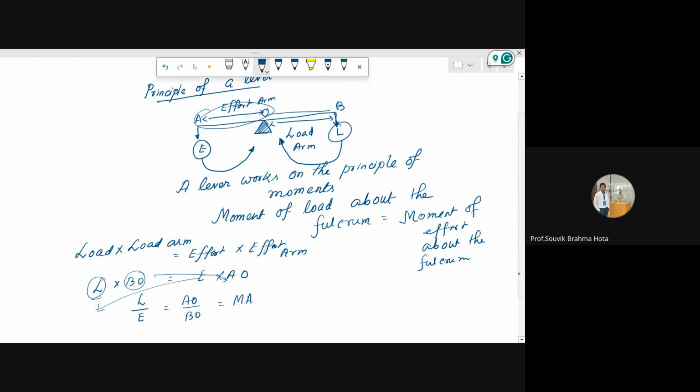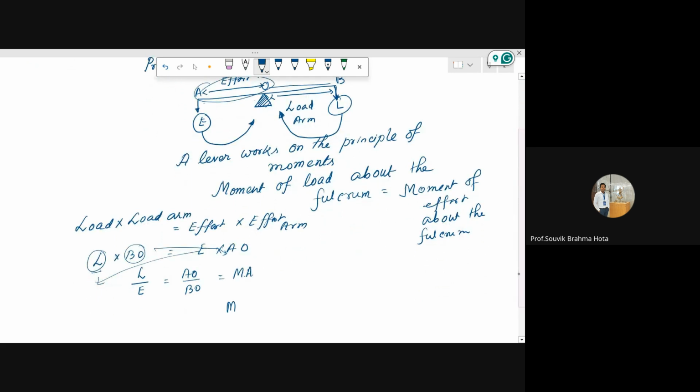And another concept is there. If the mechanical advantage is 1, then the load arm is equal to the effort arm.